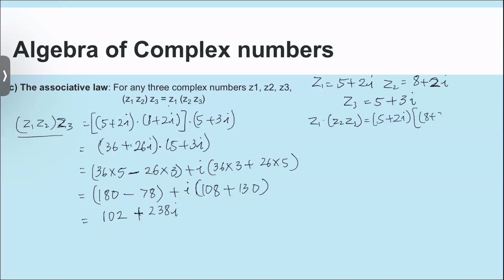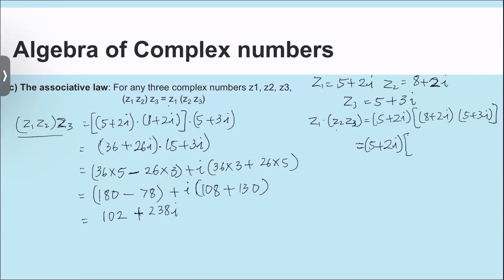Z2 is 8 plus 2i multiplied by 5 plus 3i. So first we will solve for Z2 into Z3, and we keep 5 plus 2i. Then again, considering this as A, B and this as C, D, we write it in the general form.